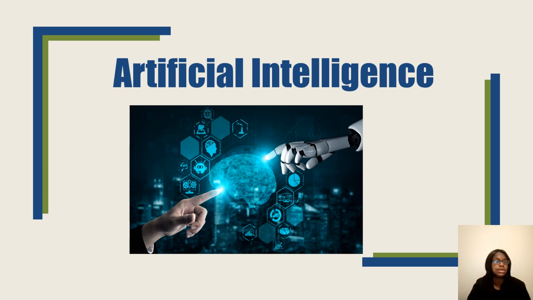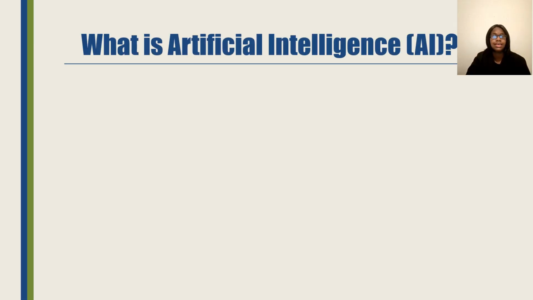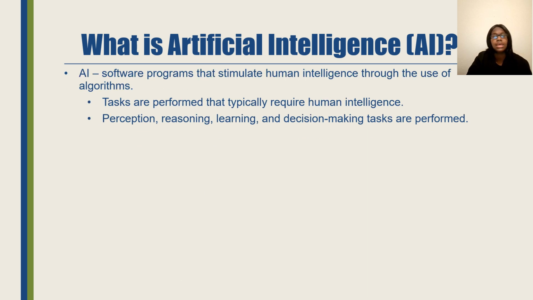Okay, now we are going to talk about AI. So what is artificial intelligence? It's pretty much software that performs tasks that would require human intelligence, such as reasoning, learning, and decision making.